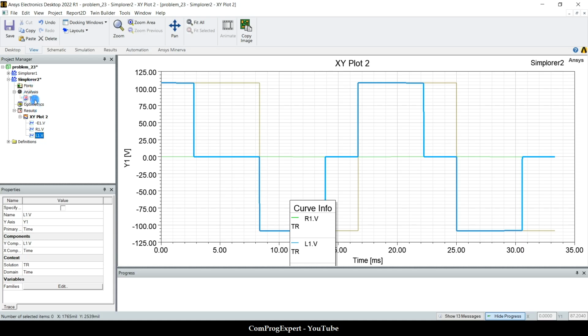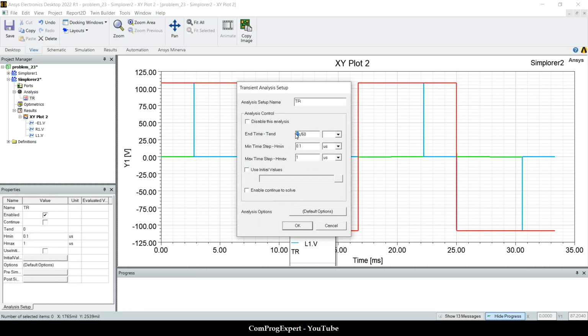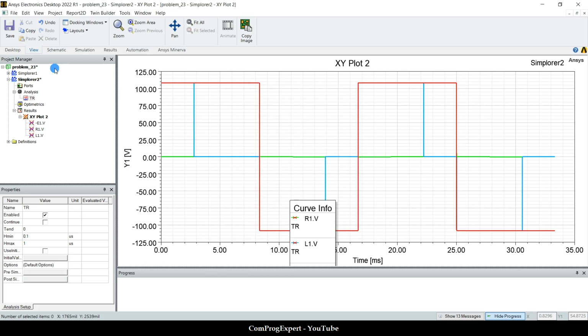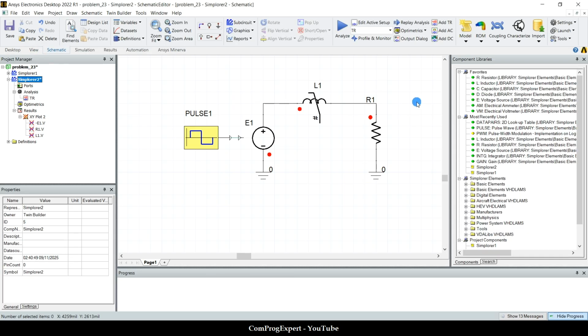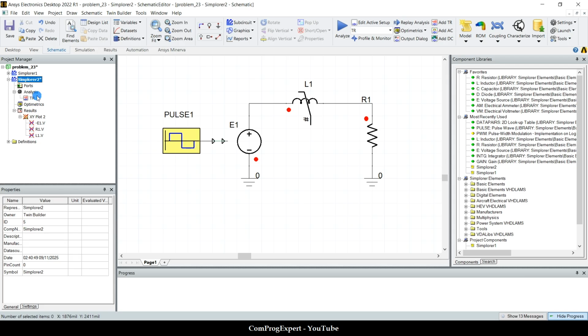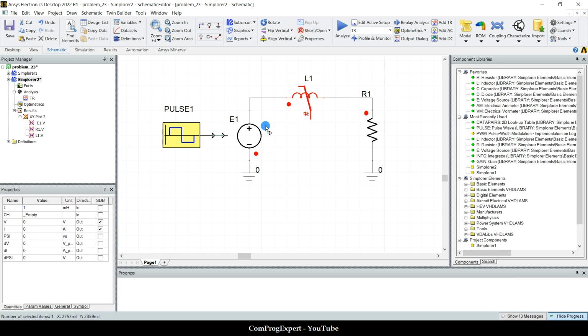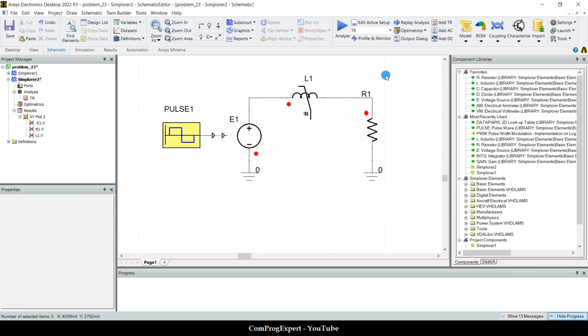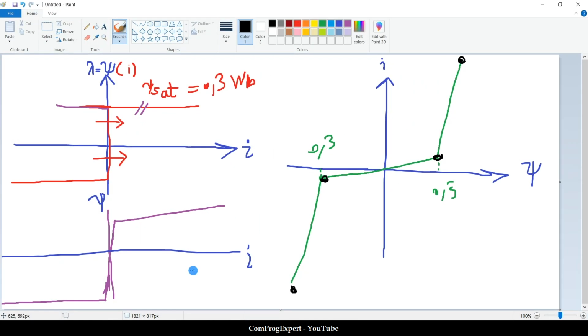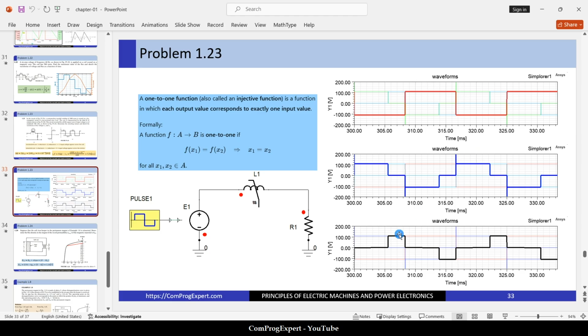So let me simulate 5 electric periods to pass transients. As you know, here we are using a transient solver and we set the initial value of the inductor current equal to 0 because we are going to pass transients and calculate these waveforms for the steady state.